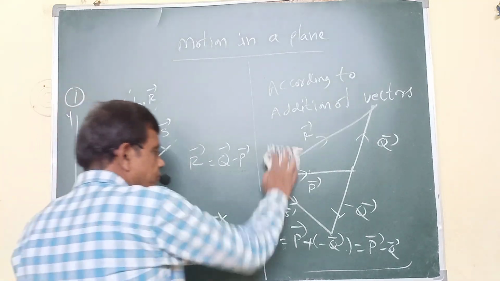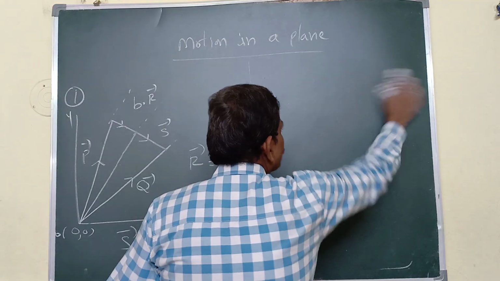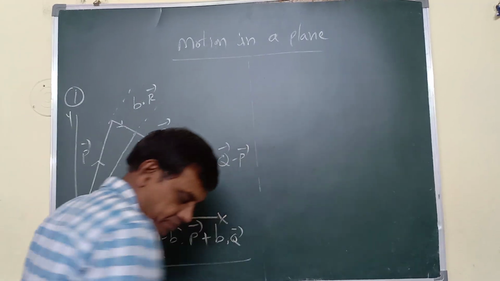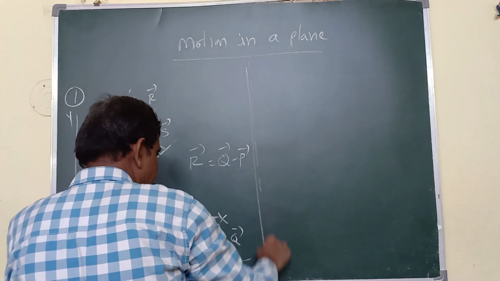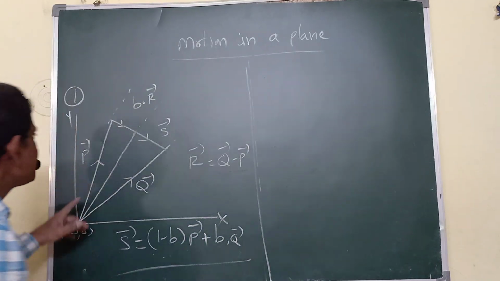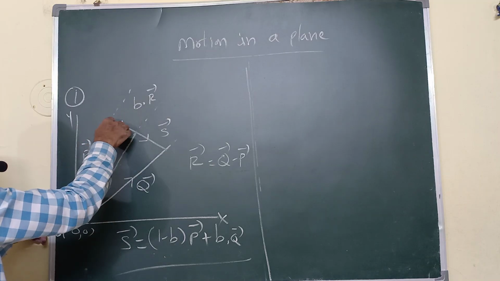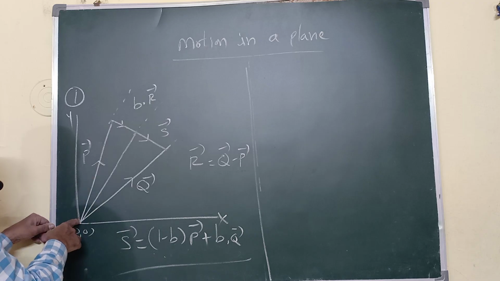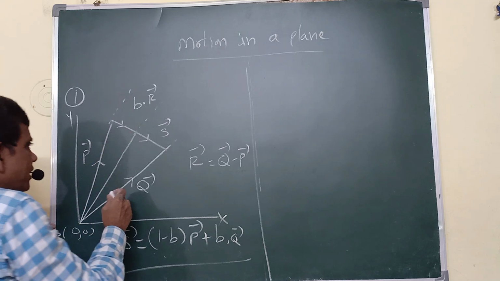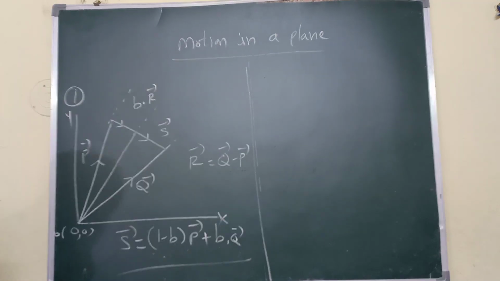Now I am taking this vector. This is a first vector final position, second vector initial position joining. Next second vector terminal point, first vector initial point join. So this is I am taking. So what you are given this vector?